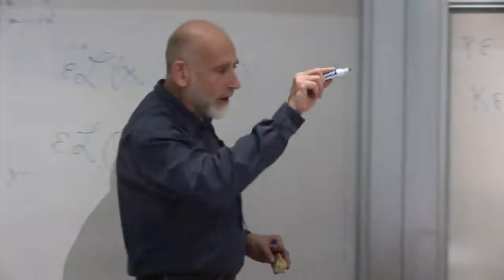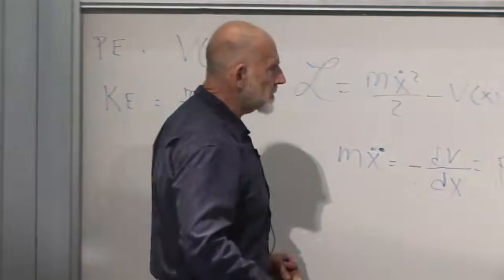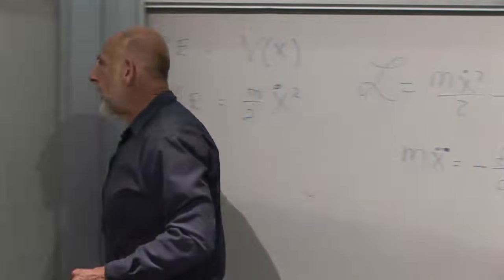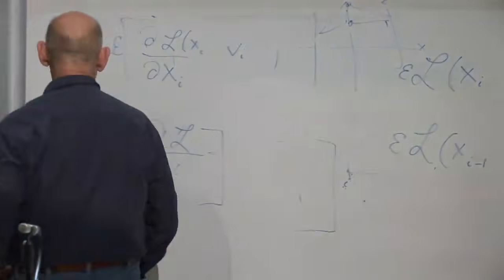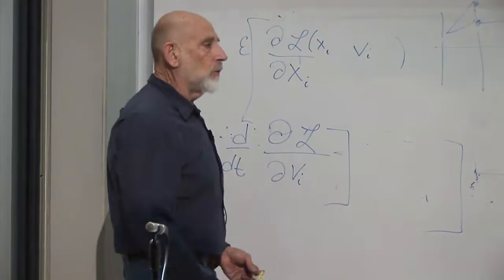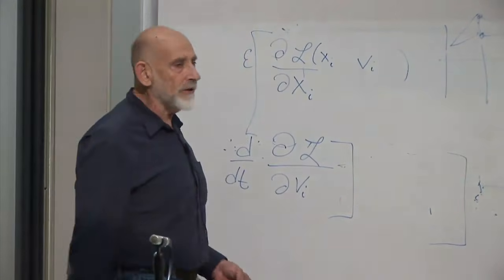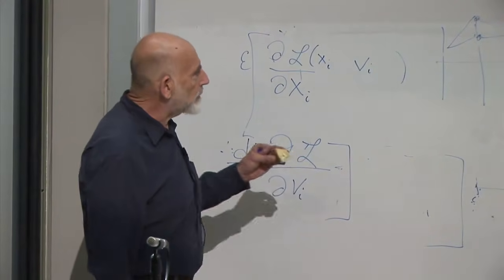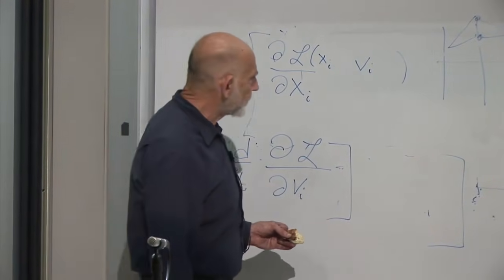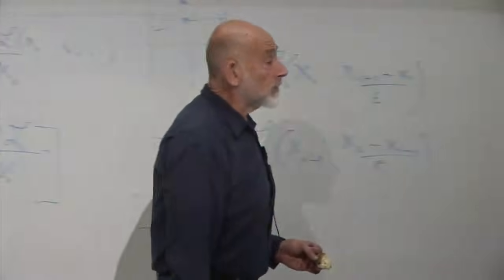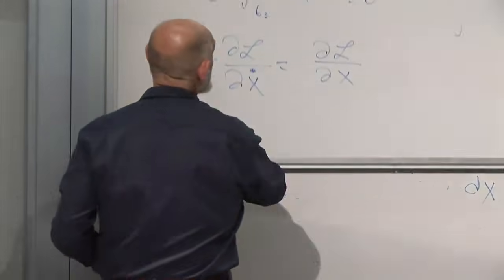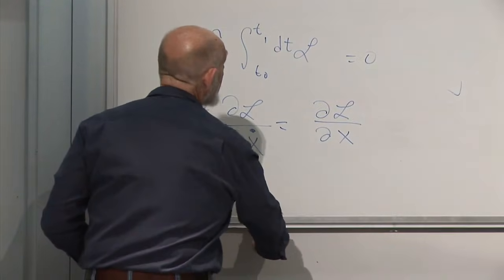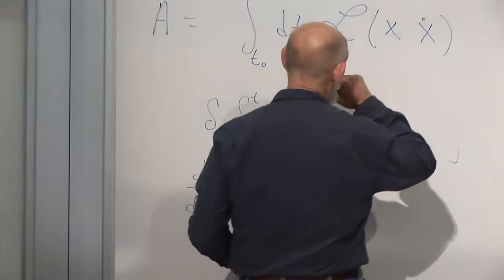The trajectory is now a curve through a many-dimensional space, and we have to apply the same rule to every coordinate, x, y, z, x of particle 1, y of particle 7, and so forth. We have to apply exactly the same rule. First of all, what is the Lagrangian? The Lagrangian is exactly the same, except that it's a function of all of the coordinates.